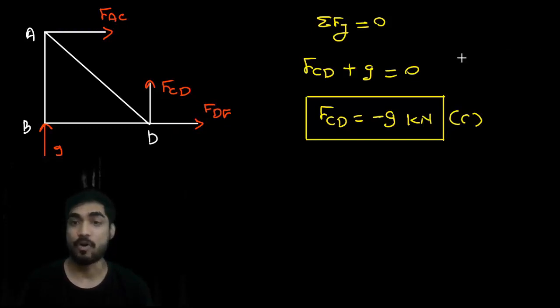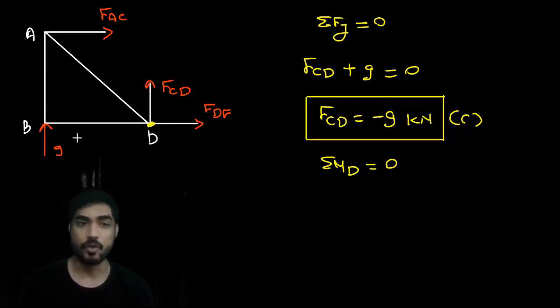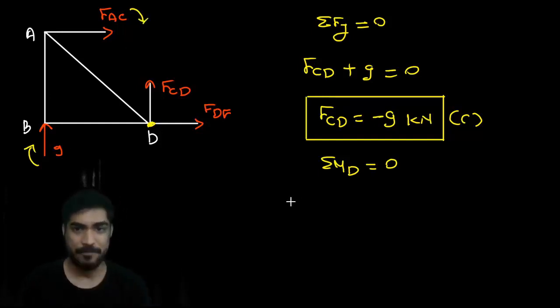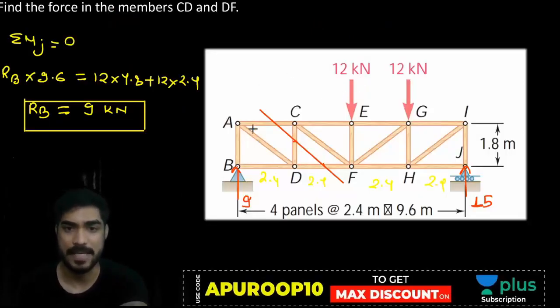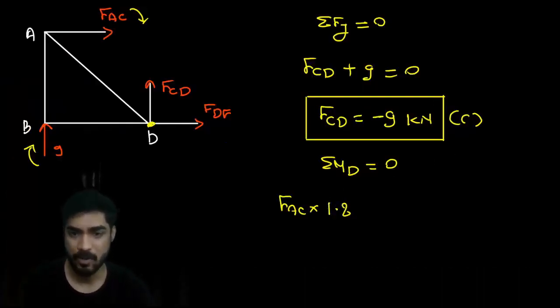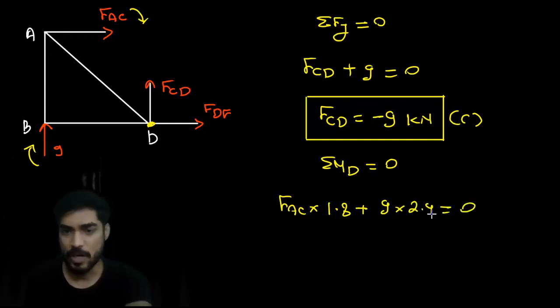Then if you apply summation of Fx equals 0, you will have two unknowns. So what will you do? Take moment at D. If you take moment at point D, FCD and DF will be gone. So you will get only 9 and FAC, and both these moments will be clockwise. FAC multiplied by the distance, 1.8, plus 9 into the distance 2.4 equal to 0.